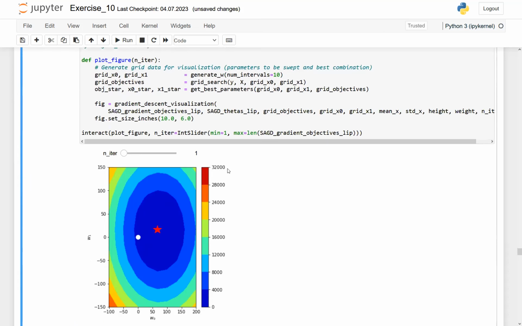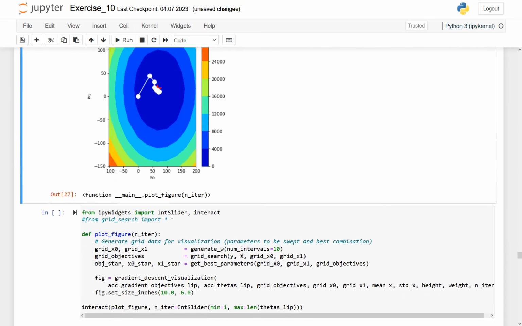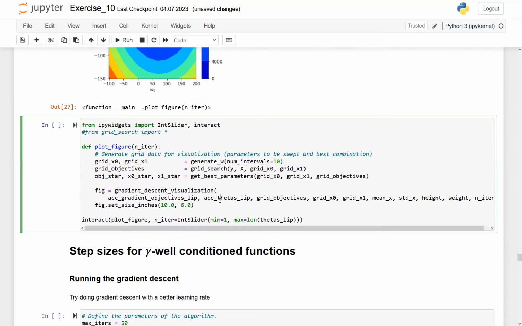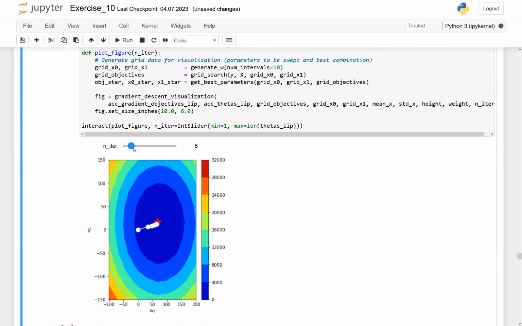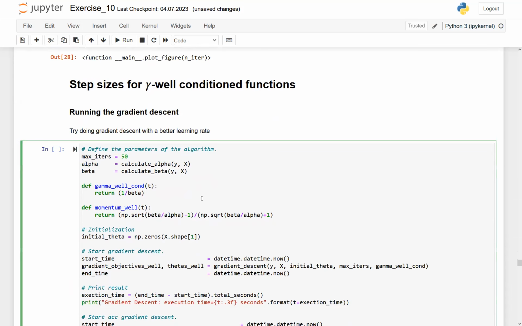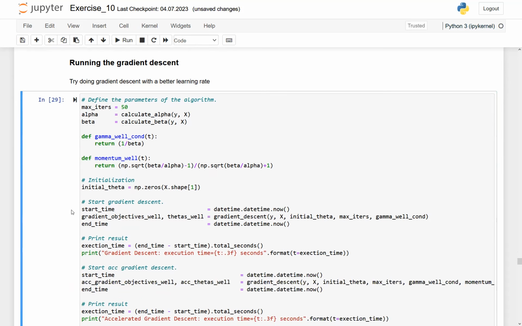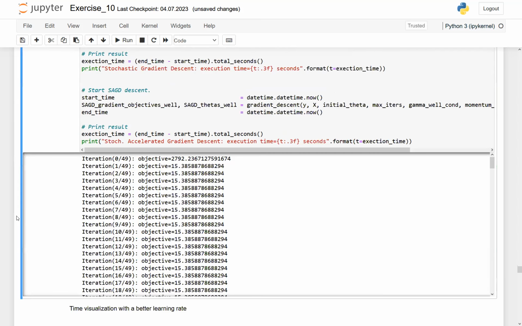Here we can have a look at the accelerated stochastic variant again. It's not going straightforward to this minimum, but jumping around. Accelerated, without stochastic components, goes directly to the minimum point. Then we can also compare it with the choices when we know that we have a gamma well conditioned function, which we have.